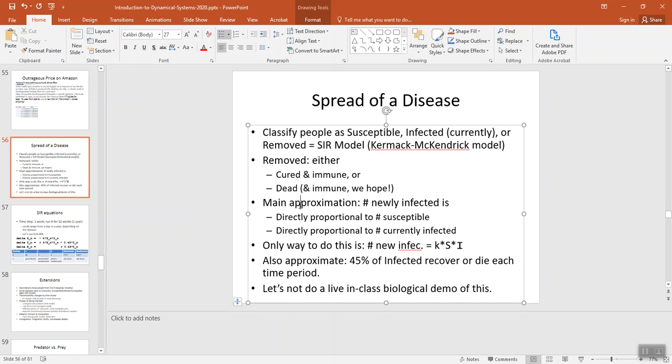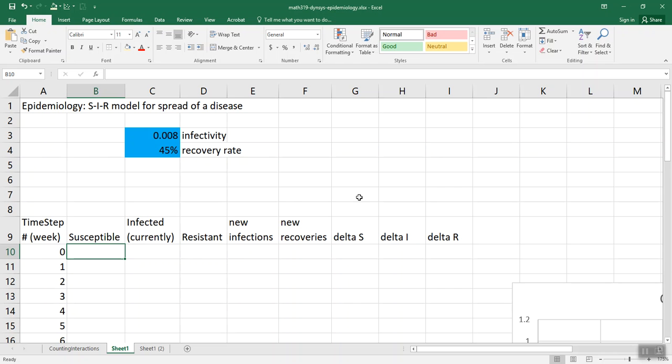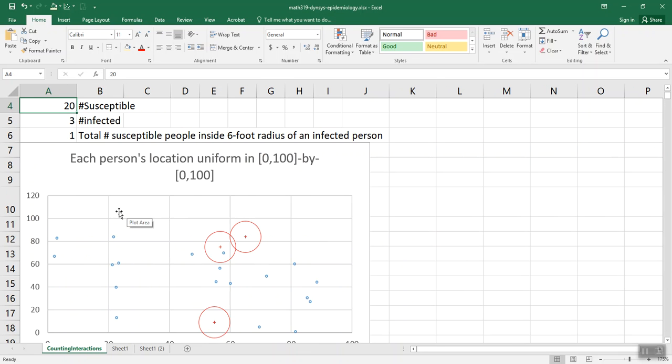We have to think about how many new infections will occur, and how does that relate to the number of people who are susceptible and the number of people who are currently infected. So I have a simulation of it here. Behind this graph, I've got a big fun simulation that puts 20 people randomly in the square 0 to 100, 0 to 100.